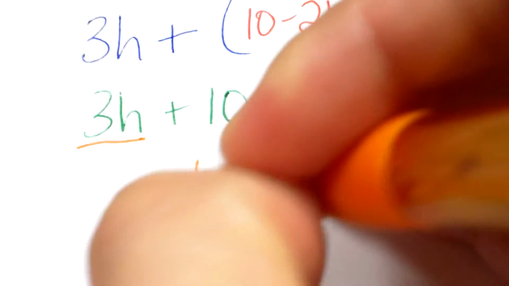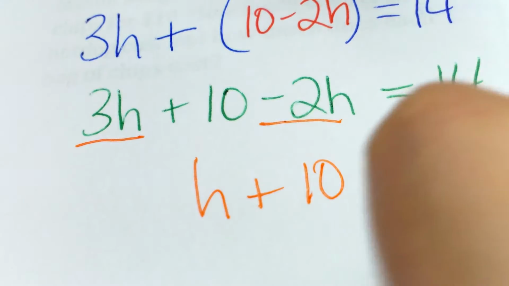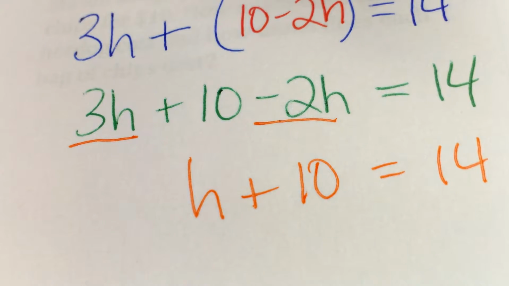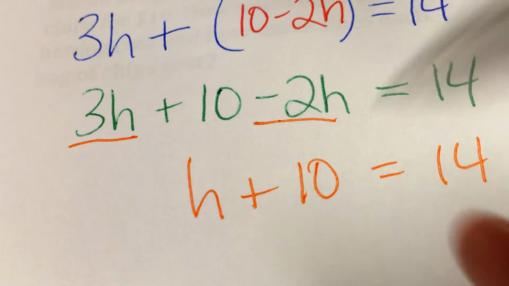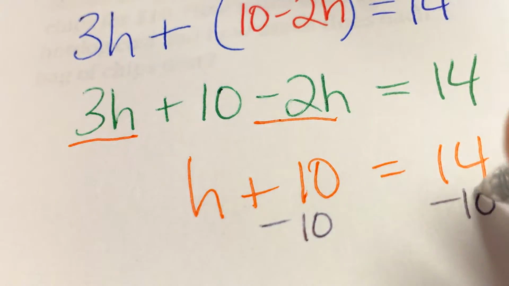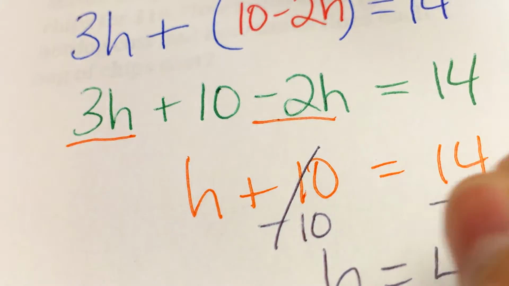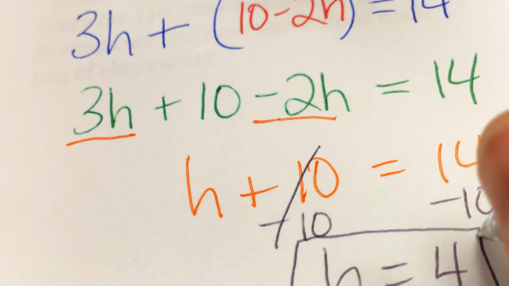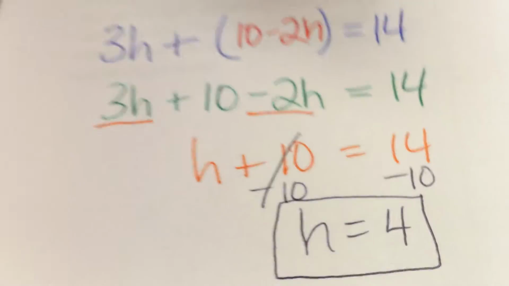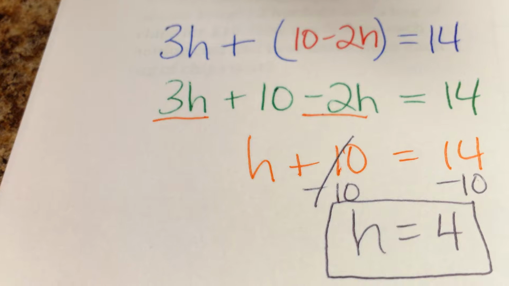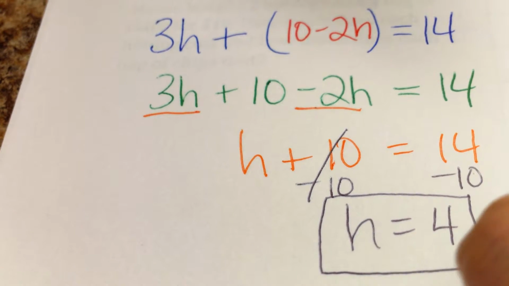That becomes 1H. So I'm just going to put H plus 10 equals 14. And then we solve for H, so all we do is subtract 10 from both sides. H equals 4. So what I just found was the cost of the hot dog. So hot dogs cost $4 each.